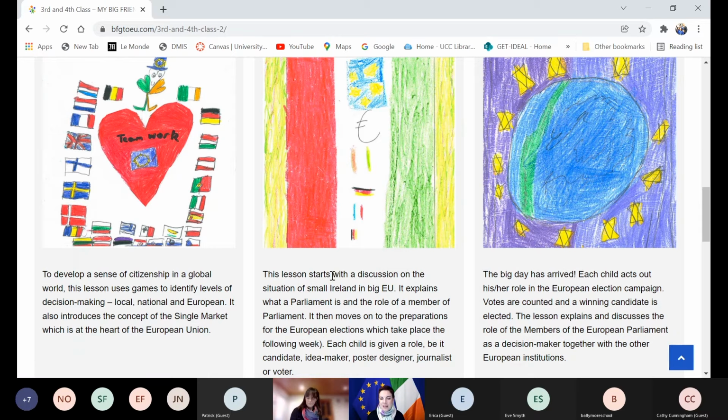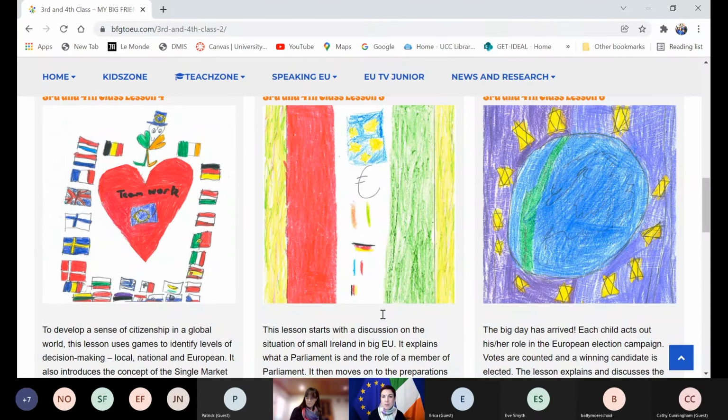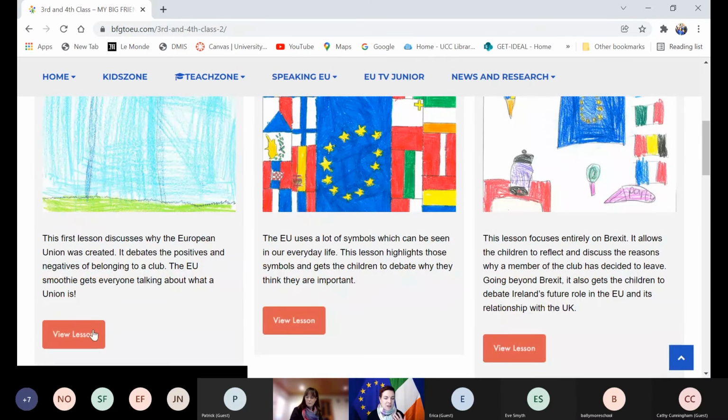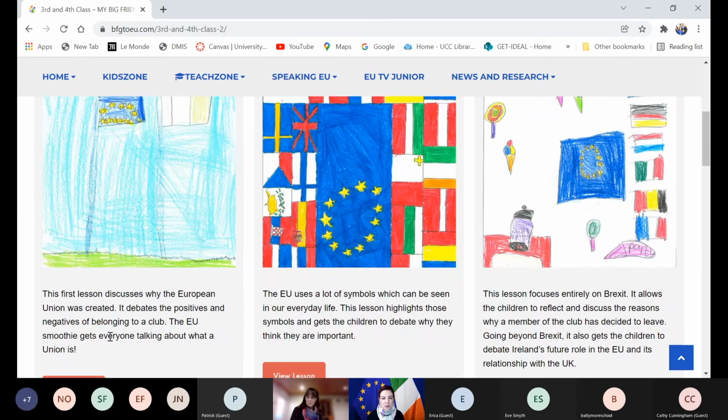And then lessons 5 and 6 are very much focused on organizing a European election. European elections happen every 5 years, but the children are given different roles and try to understand how the parliament works. They really love it, and they love getting stuck into campaigning and drawing posters.